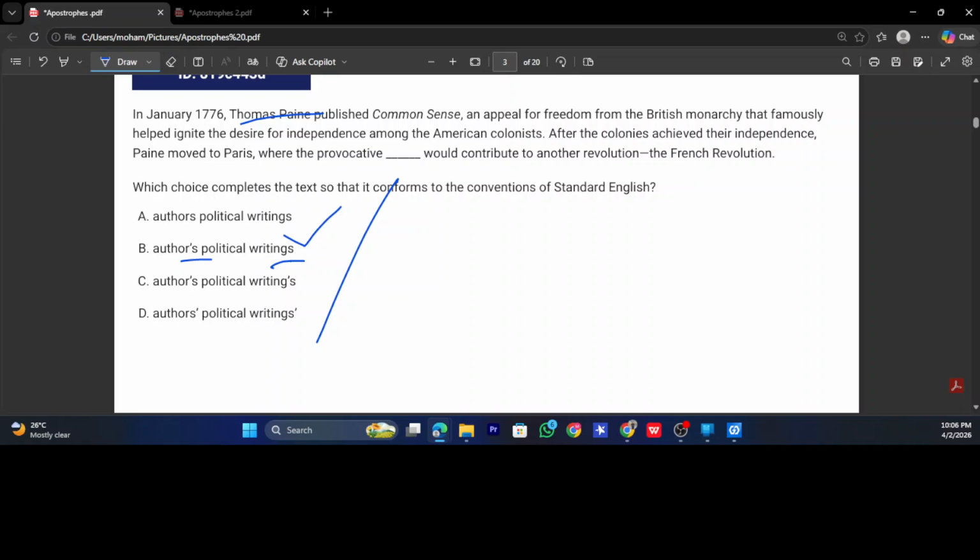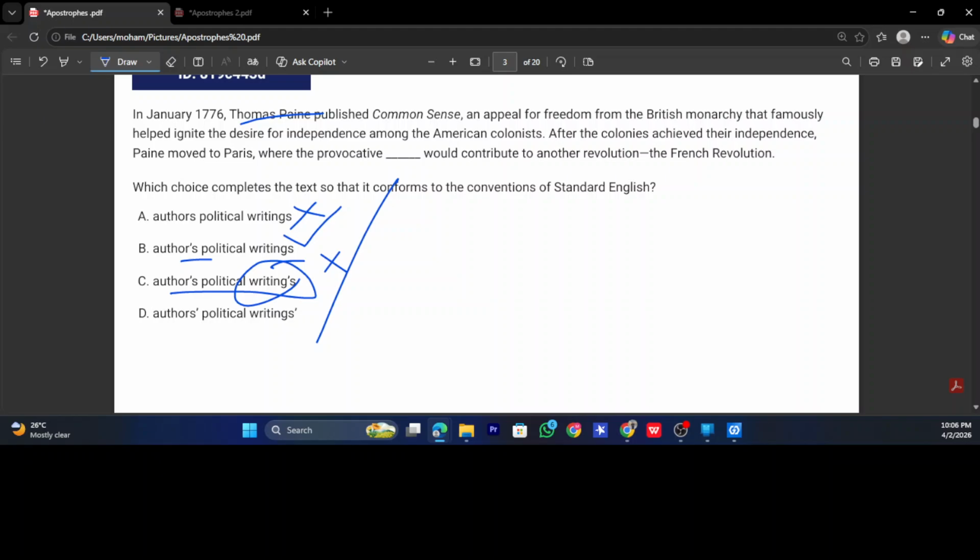And if you look at answer choice A, it is incorrect because the context requires the singular possessive noun author's, not the noun authors. And C is also incorrect because the context requires the singular possessive noun author's, not the plural writers.